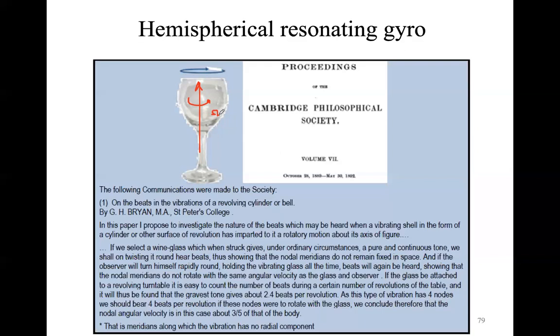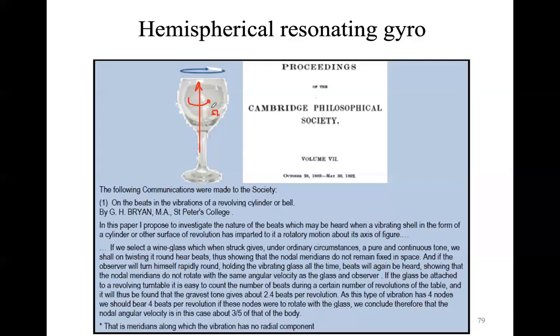So basically, it means that if you put an object with this shape in vibration and you start to rotate it, you are able to determine the angular variation of this object.